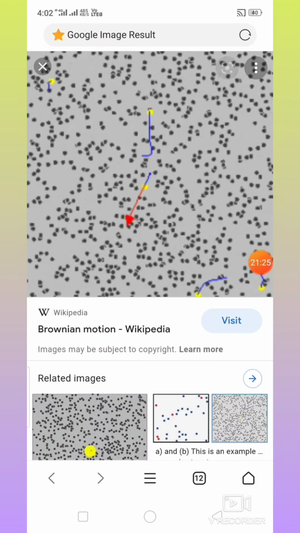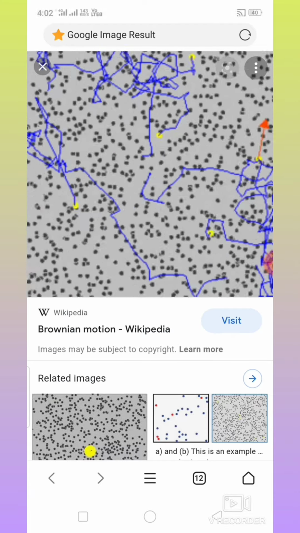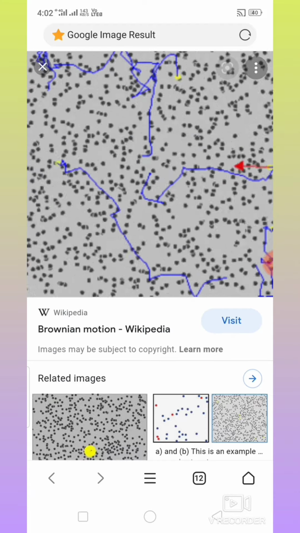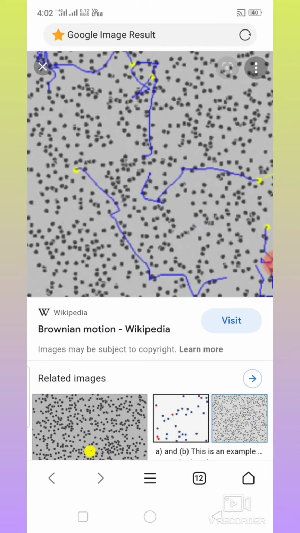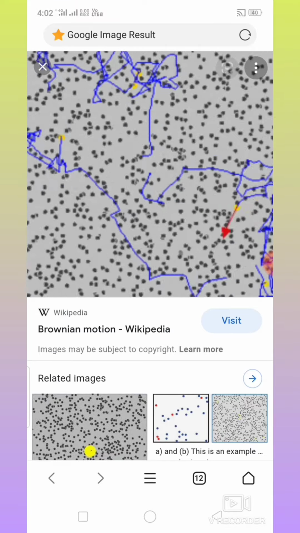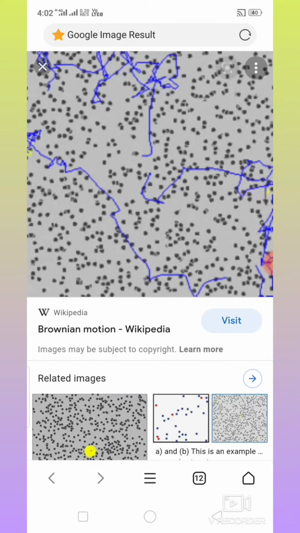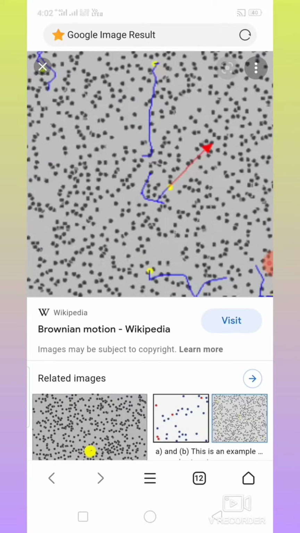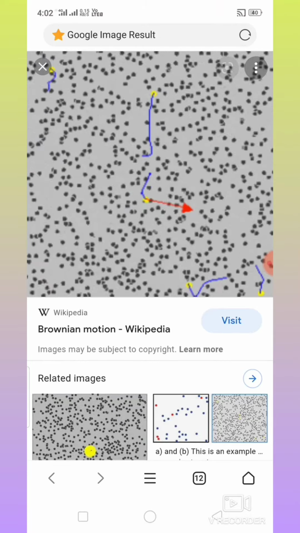Here is the important definition. Brownian movement. When colloidal solutions are viewed under a powerful microscope, it can be seen that colloidal particles are moving constantly and rapidly in a zigzag direction, which is shown here.